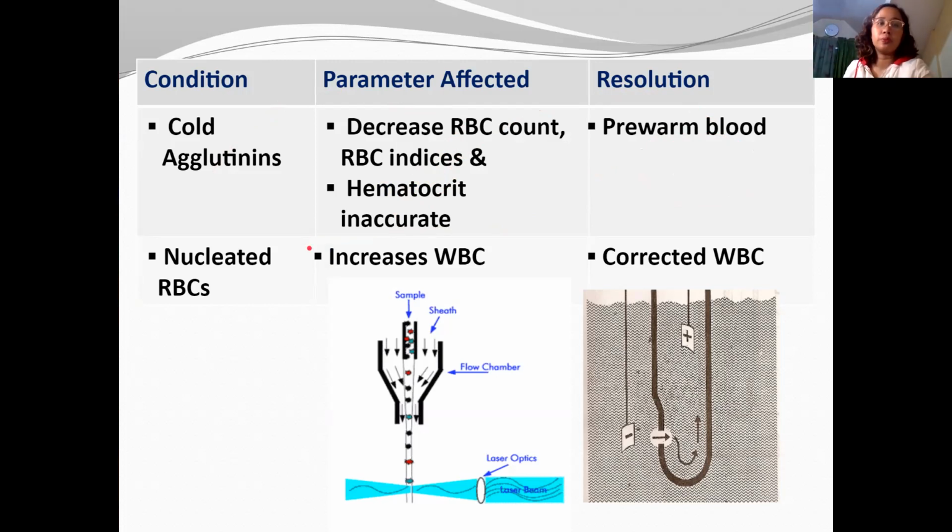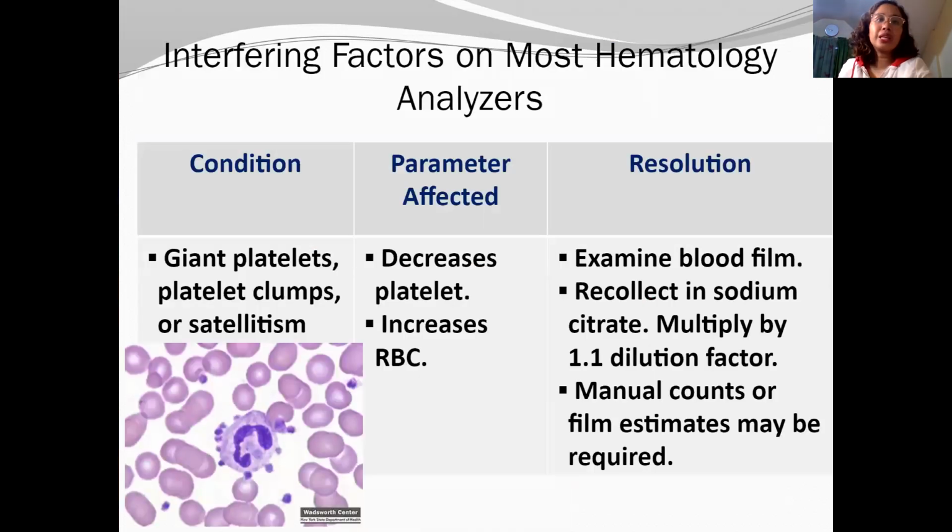As I told you, nucleated RBCs could be falsely read by the machine as increased WBC. So what we could do is calculate the corrected WBC count. What if you have giant platelets? The effect is that your platelet count will go down, and they could be read as RBCs.